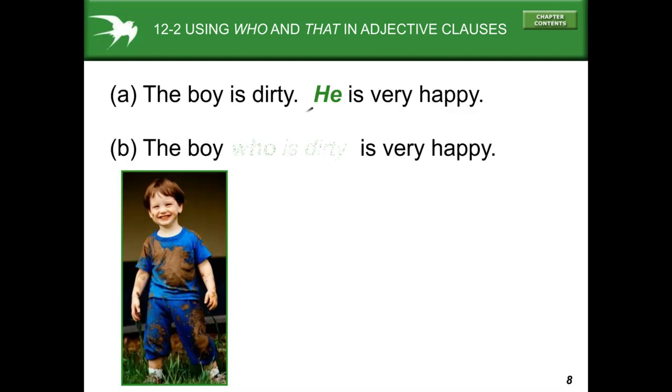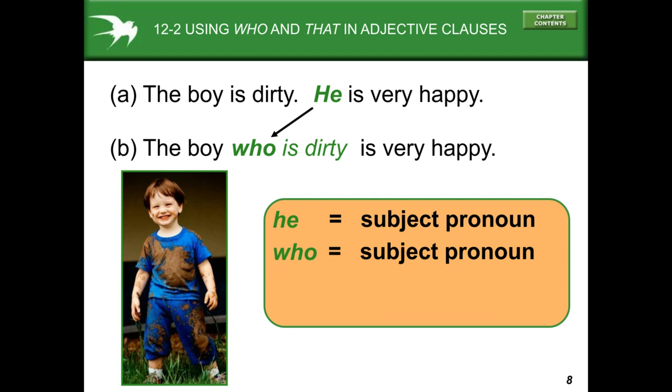Okay, let's take a look here. So you have the boy is dirty, he is very happy. Now you have two simple sentences, and simple sentences are just fine, but for more fluent, more natural language, we should combine them together with an adjective clause. The boy who is dirty is very happy.